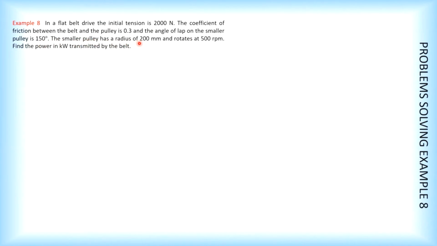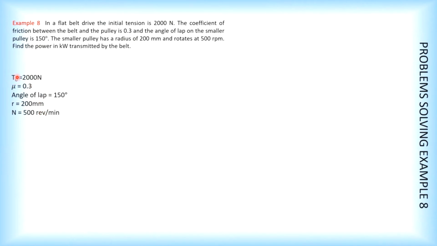The smaller pulley has a radius of 200 millimeter and rotates at 500 revolutions per minute. Find the power in kilowatt transmitted by the belt, not the pulley. This question is quite direct.